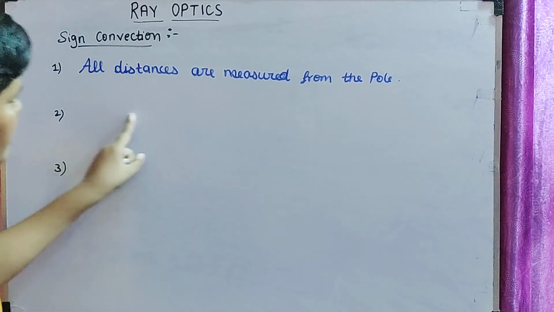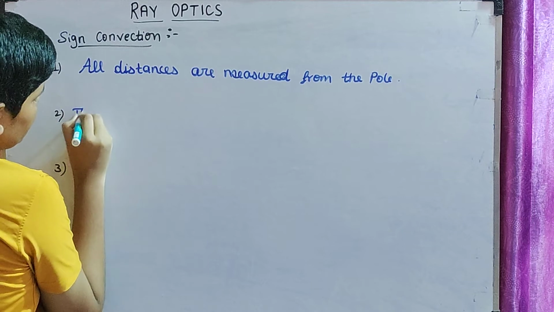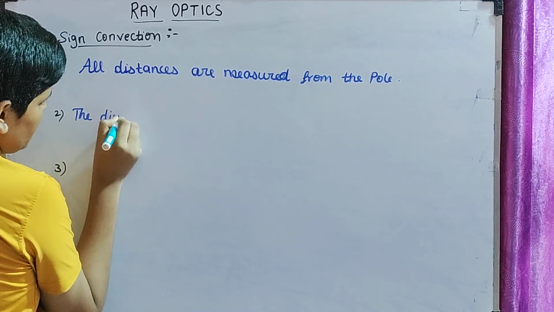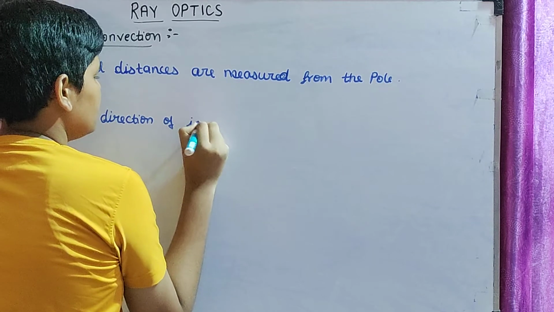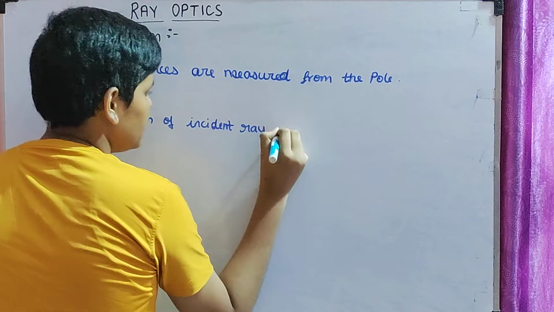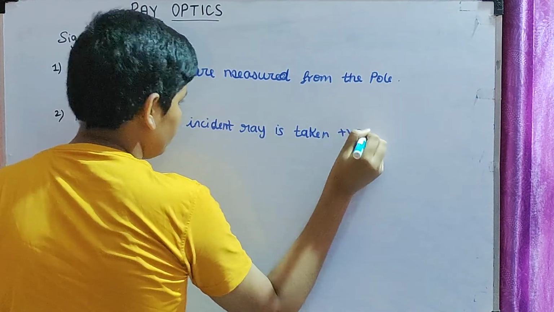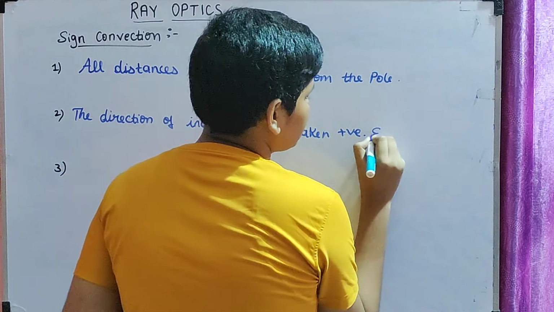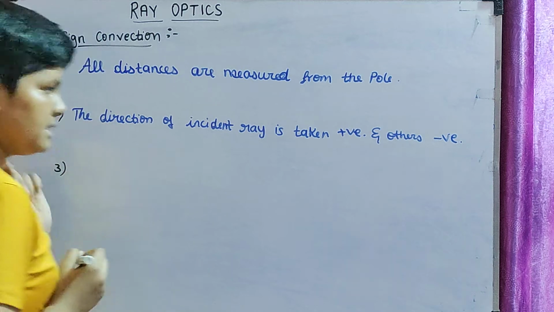All distances are measured from the pole. Okay, this is the first one. The direction of incident ray is taken positive and others negative. This is the second point.